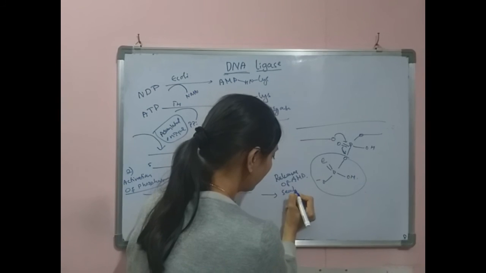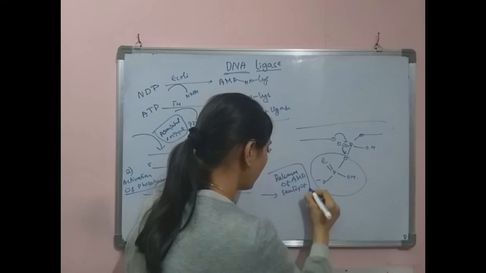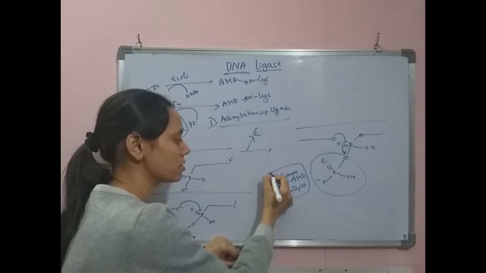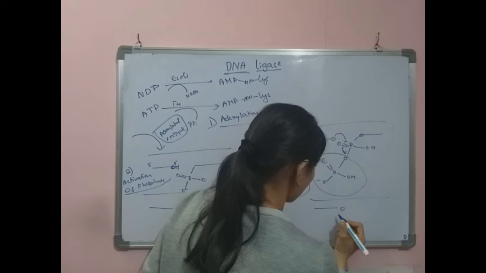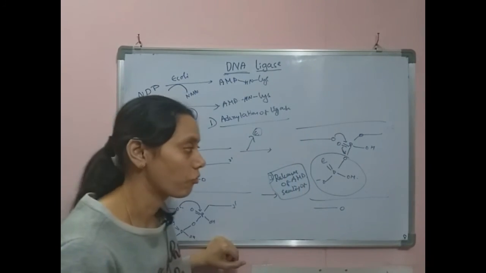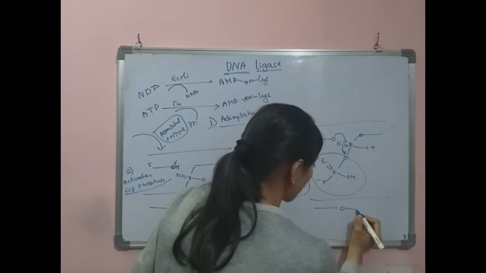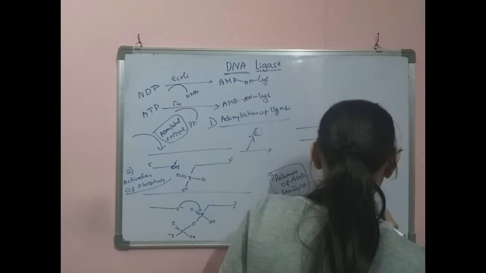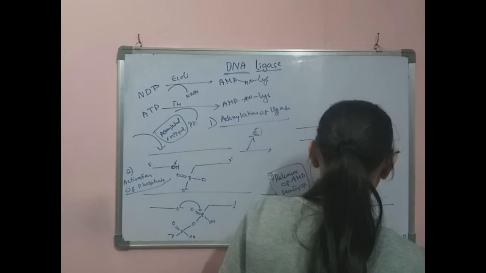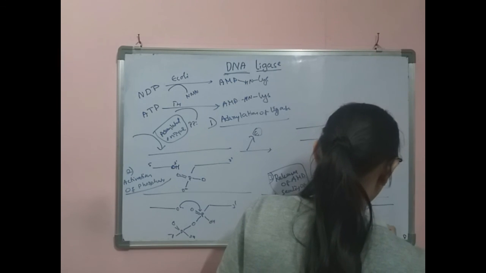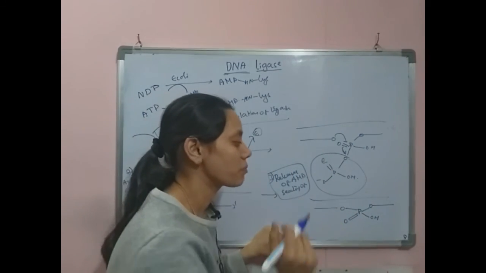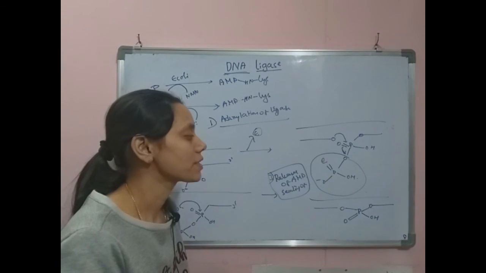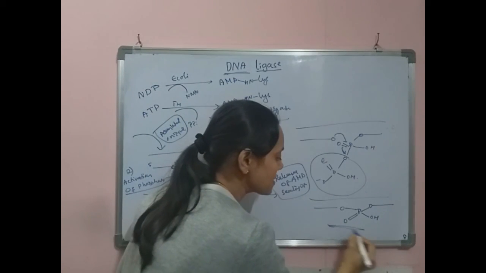and sealing of the gap. This is the third stage. During the third stage, the phosphodiester bond will be formed. Likewise, the phosphodiester bond is formed between two adjacent nucleotides and the gap is sealed.